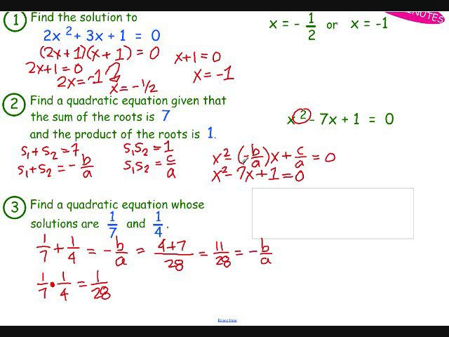So I'm going to use this quadratic equation right here. I'll say x squared, proud of me, minus this, which is 11. Oh, wait! What am I doing? Making it into a pie.